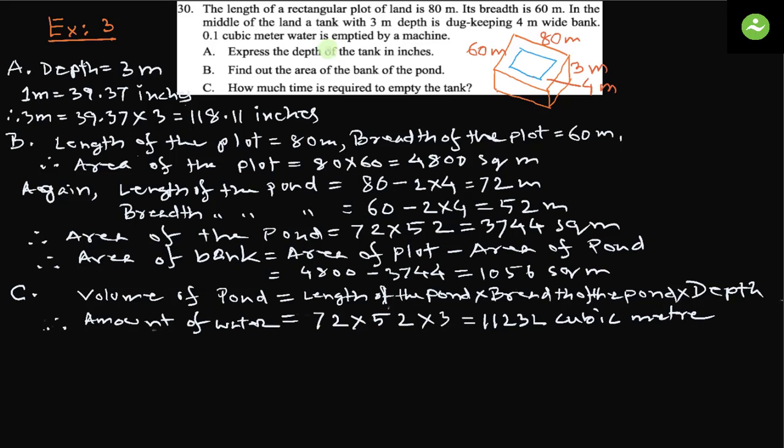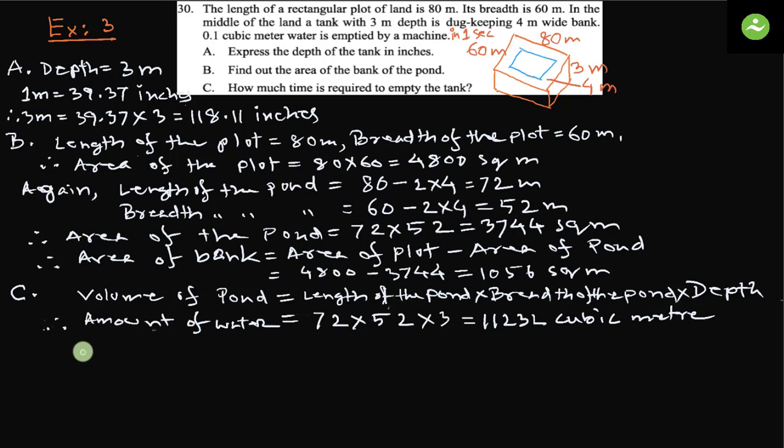0.1 cubic meter water is emptied by a machine in 1 second. So if we arrange the sentence, we have to put the time on the right side because we have to find the time, and put the amount of water on the left.